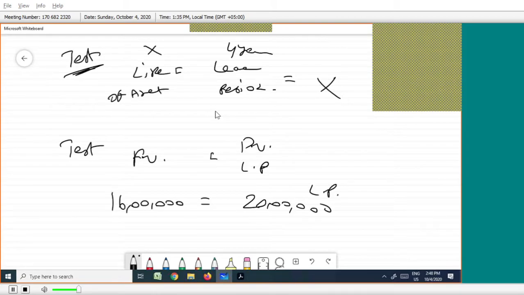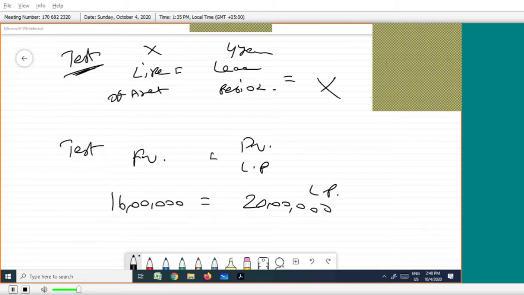Now tell me whether the lessee is paying more or less compared with the fair value. Just type more or less. How much is he paying, lessee to lessor? Whether he is paying more than the price of the asset or less than the price of the asset. Preeti, more. Revati, more.